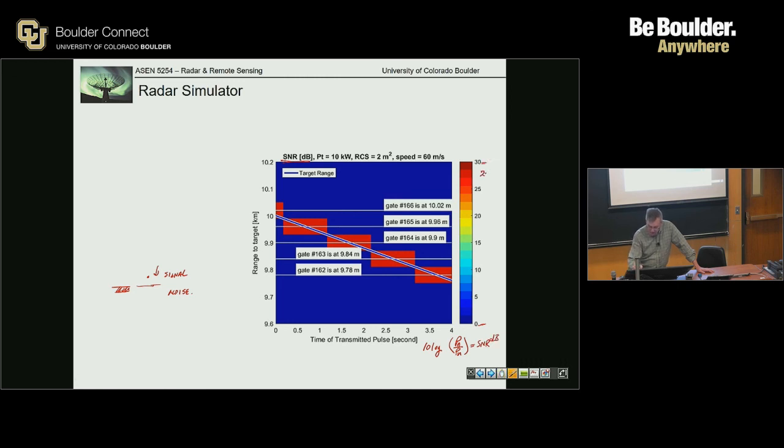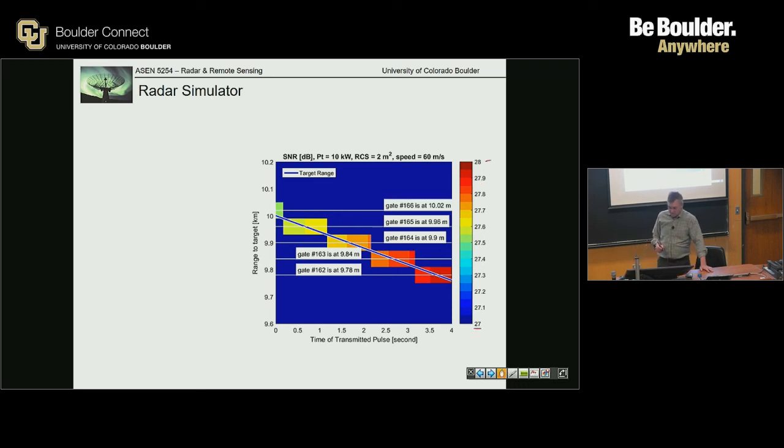I think we had 27 dB as our threshold, or our detectable range. If you change the color bar to be from 27 to 28, you just see the resolution change in signal to noise. So that's what I did for the simulator.